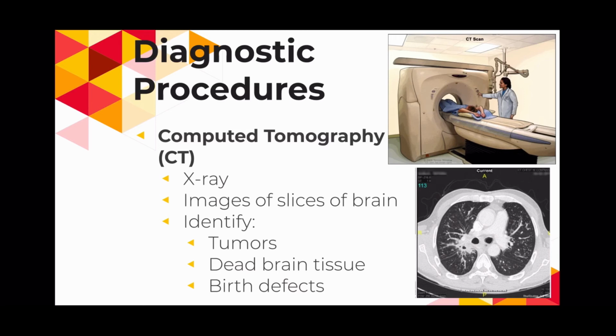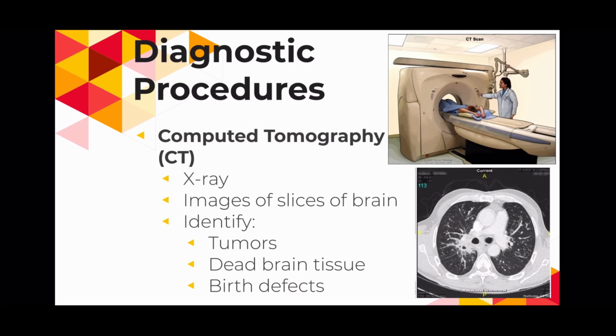So it does not only have to be your brain that goes through a CT scan, it can also be other parts of your body, but it takes whatever body part you are getting scanned and it creates those cross-sectional images like a sliced loaf of bread.